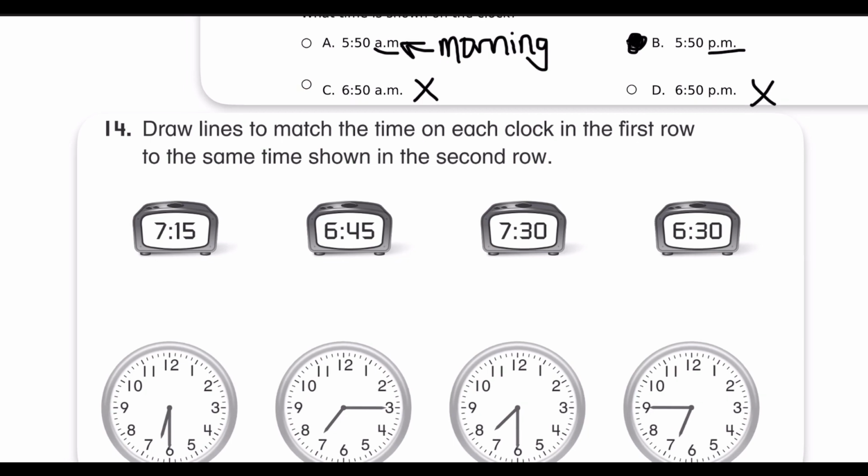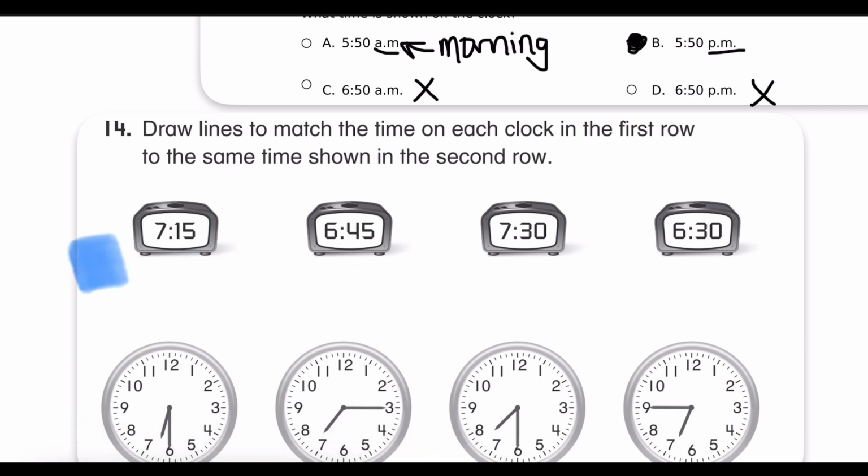Next, we're going to draw lines to match the time on each clock in the first row to the same time shown in the second row. I'm going to switch colors back and forth to label it. If you would like to pause the video and try it yourself, you can. Let's take a look at the first clock, which says 7:15.